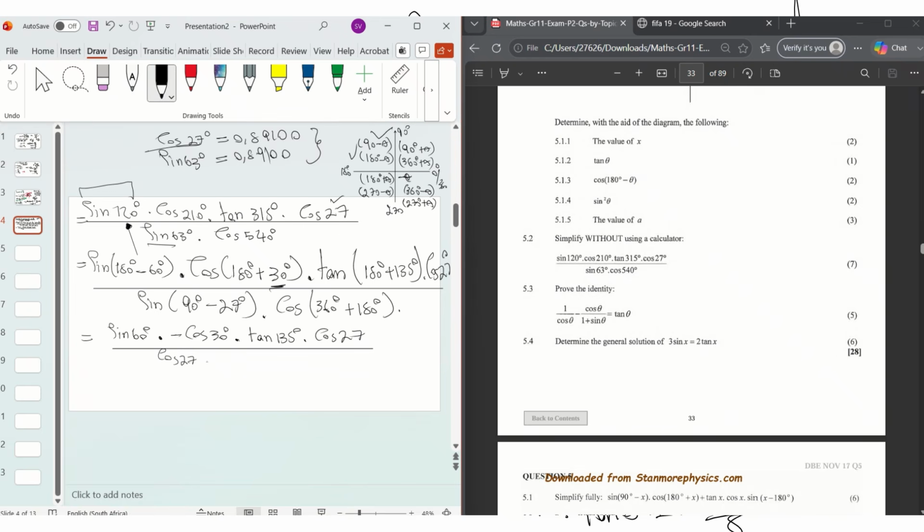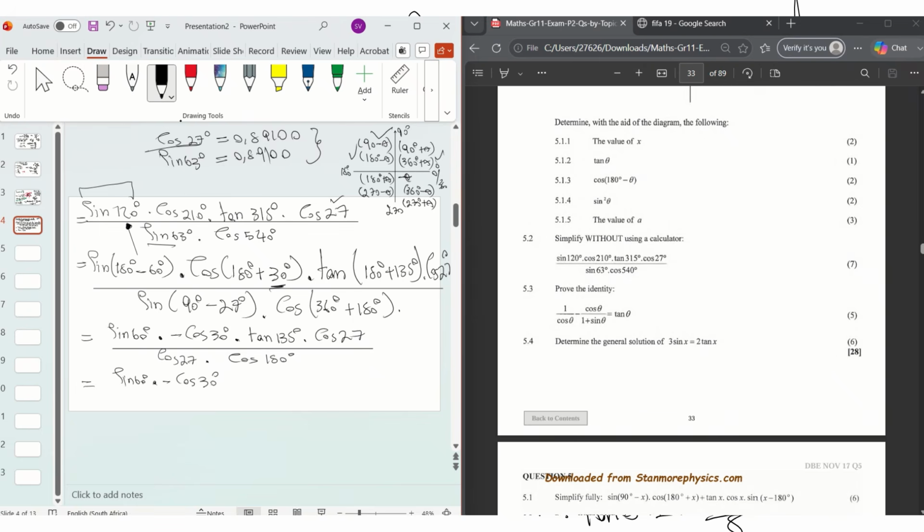So multiplied by cos 360 plus 180. Which quadrant is that? It's the first quadrant, don't forget. How is cos in the first quadrant? Of course, it's positive. So we have cos 180. Now we have sine 60 times negative cos 30. And we still have to reduce here.